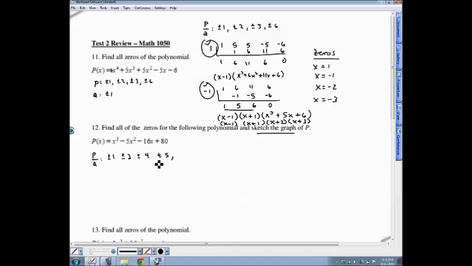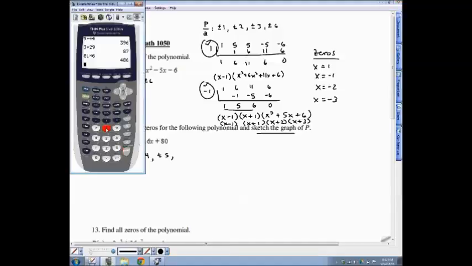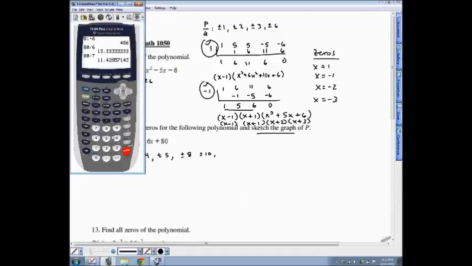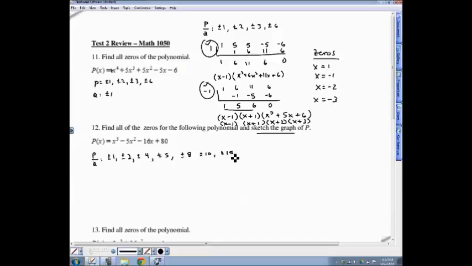5 goes into 80, I don't believe 6 goes into 80, or 7, 8 goes into 80, 5 goes into 80, I think 16 times, yeah, 4 goes into 80, 20 times, 2 goes into 80, 40 times, and 1 goes into 80, 80 times.